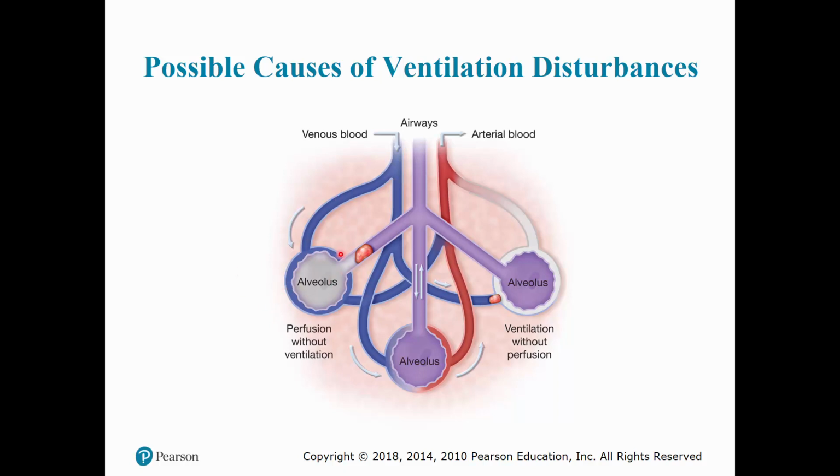Blue is deoxygenated. When you have ventilation without perfusion, so you have a clot somewhere before the alveoli, I'm breathing in, I'm getting air in, but I'm getting no blood flow. And ideally, there should be a constant flow going around.